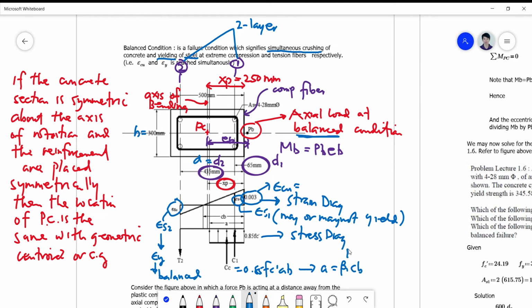So beta 1 is actually 0.85 for FC prime less than or equal to 28 megapascal. So when FC prime is greater than 28, use the formula. There's a formula I gave you in beams which is the same with that of column analysis.